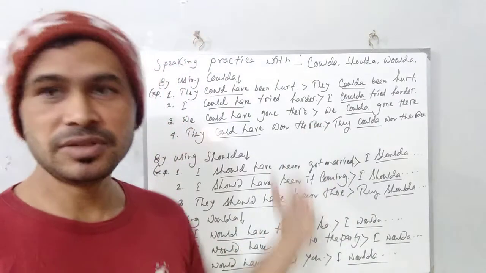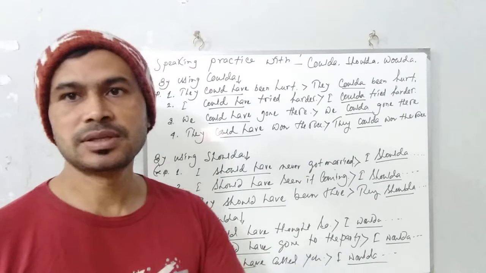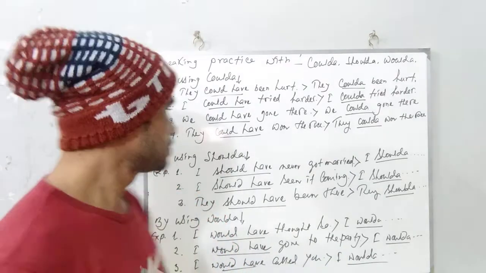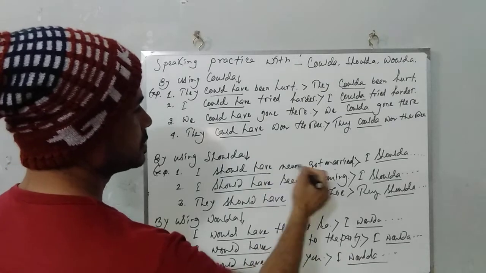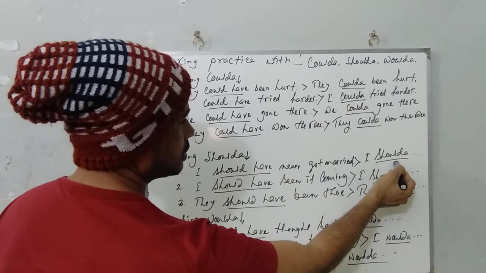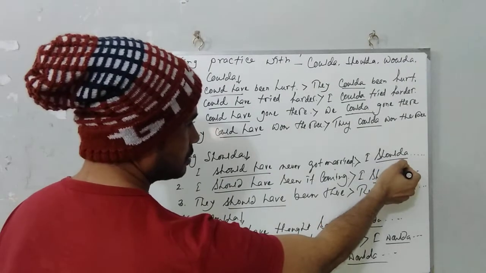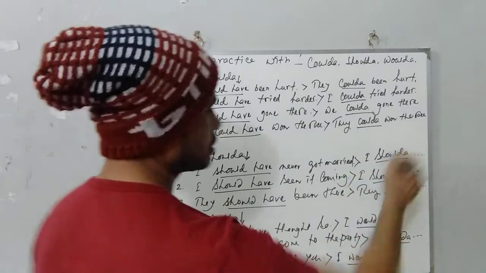Except this sentence, we will use in our spoken English: I shoulda never got married. So shoulda I use here because I shoulda never got married.